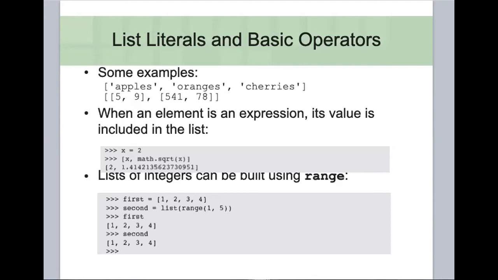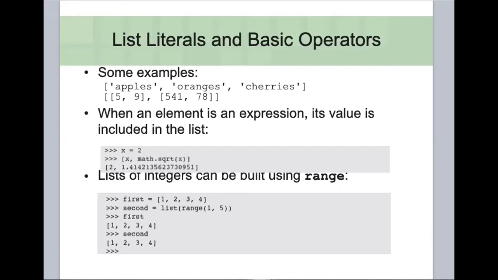Now, keep in mind, it is interesting when Python, the interpreter, evaluates a list literal, each of the elements is evaluated as well. So when an element is a number or a string, that literal is included in the resulting list. However, when the element is a variable or another expression, its value is included in the list.